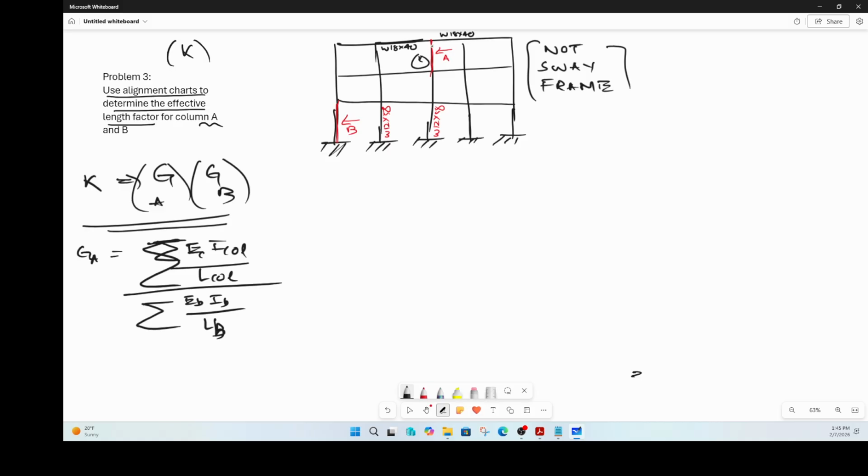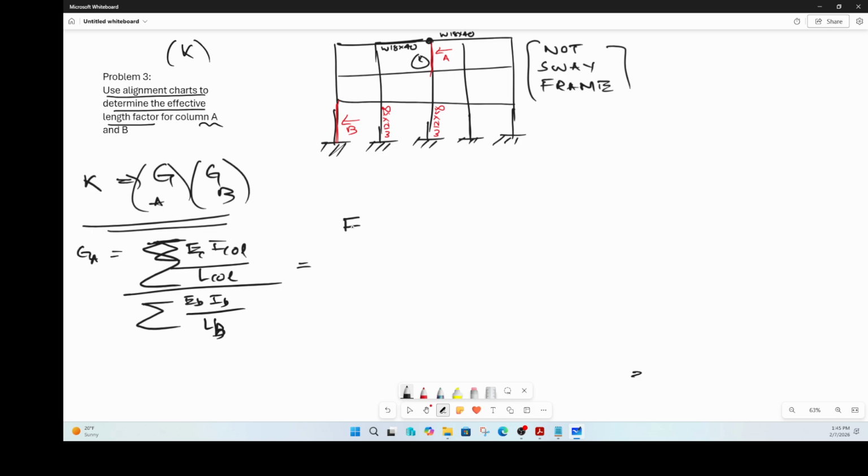Okay, now for this column here, GA value is being computed at the top, and then we come here and calculate GB value. So at the top, if I have to calculate GA, then I only have one column.